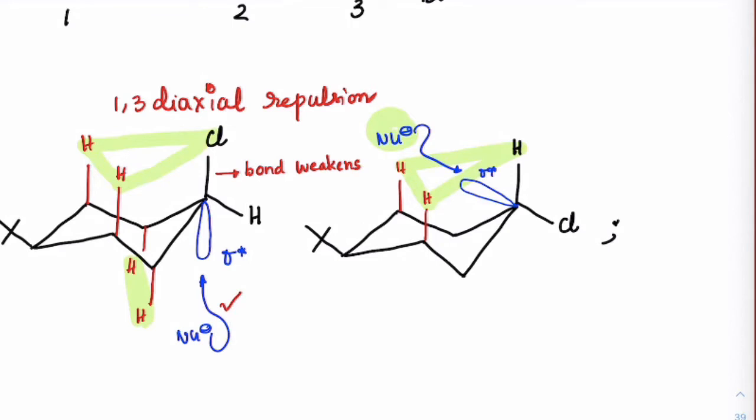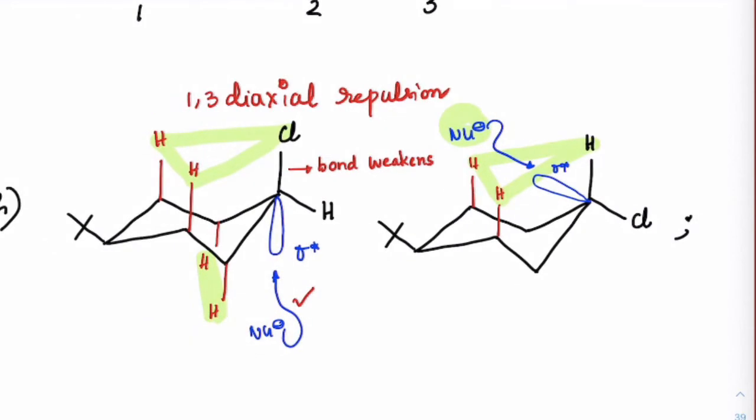And another advantage is this bond is becoming weak, so this bond breaks easily as compared to this bond. So due to diaxial repulsion, the rate of substitution of axial positioned chlorine would be easier as compared to that of equatorial.